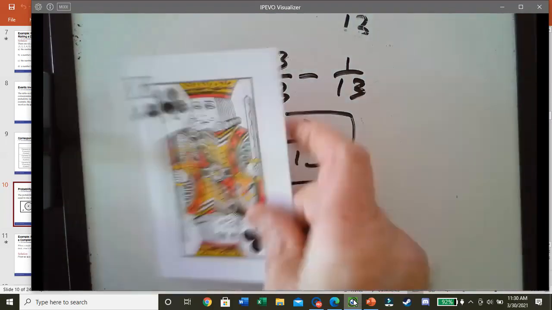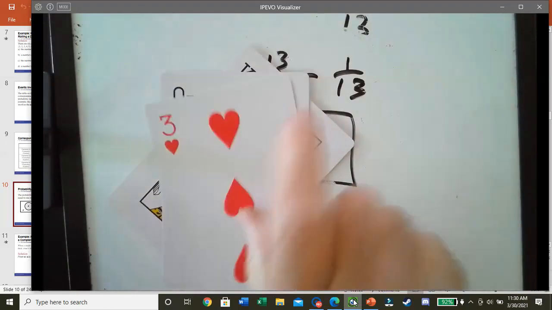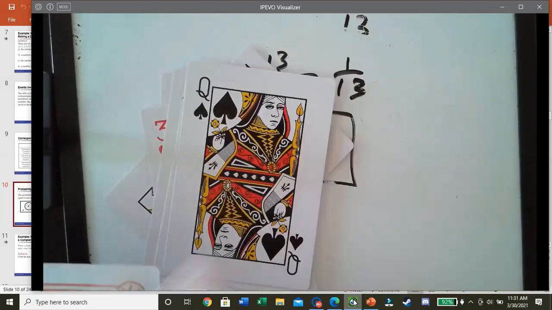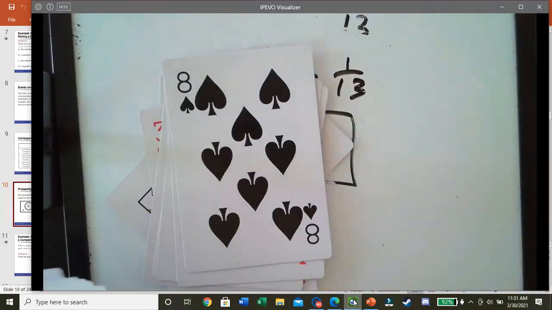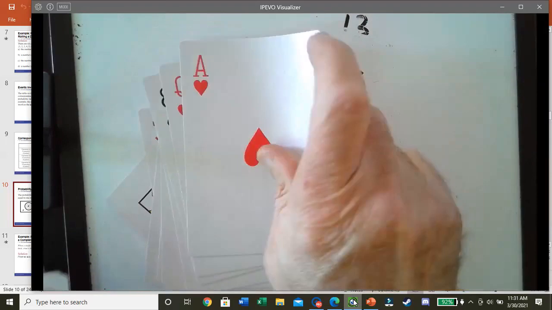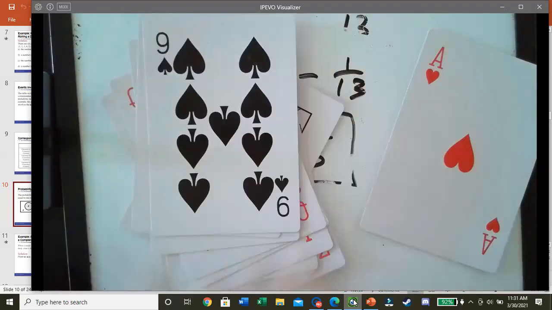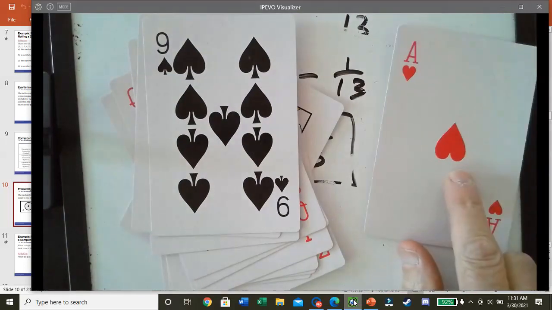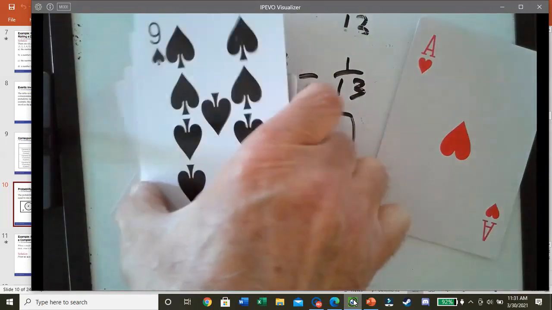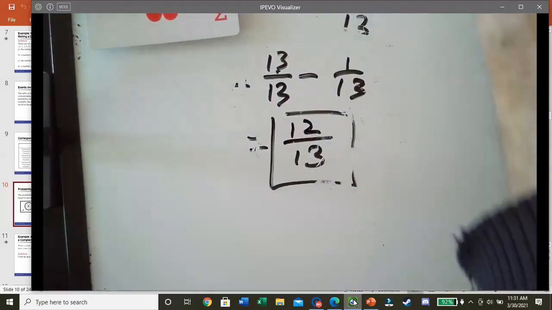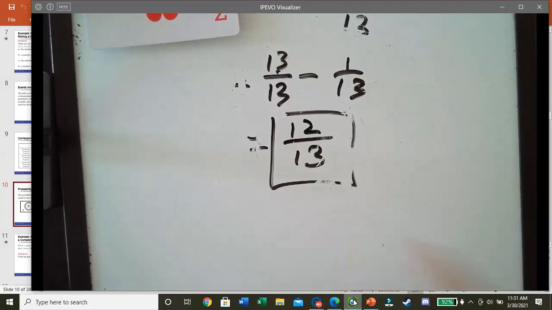Well, let's see. 1, 2, 3, 4, 5, 6, 7, 8, 9. Well, there's 1. 11, 12, 13. This time we only drew 1 ace. So if we go one more time, the chances of an ace are even slimmer because our probability is 12 out of 13 that we would not get an ace.